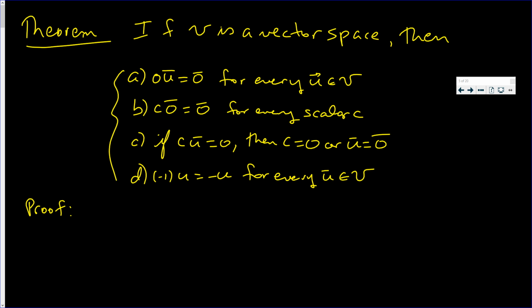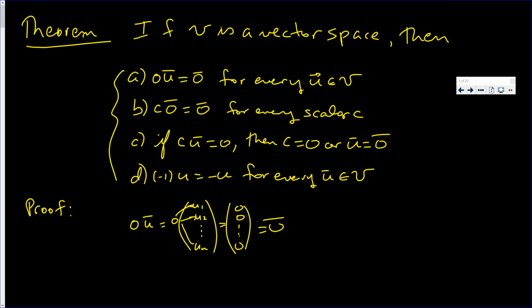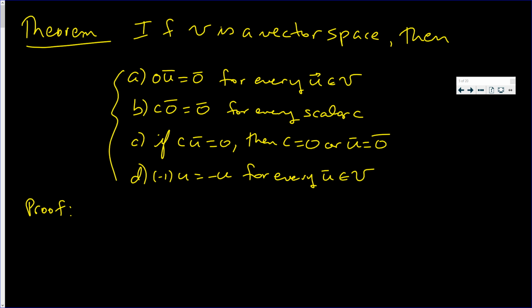So, for example, for A, we can't just say 0 times vector u, which is 0 times u1, u2 up to u sub n, is equal to 0 times each of those, which is 0, which is the 0 vector. Nonsense. Okay? Scalar multiplication can be strangely defined. All we're allowed to use are the definition of a vector space.